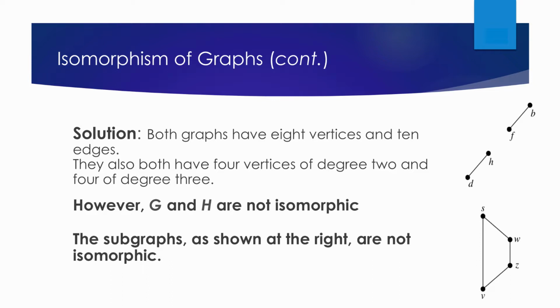To see this, note that because the degree of a is 2 in G, a must correspond to either t, u, x, or y in H, because these are the vertices of degree 2 in H. However, each of these 4 vertices in H is adjacent to another vertex of degree 2 in H, which is not true for a in G. Another way to see that G and H are not isomorphic is to note that the subgraphs of G and H made up of vertices of degree 3 and the edges connecting them must be isomorphic if these two graphs are isomorphic.